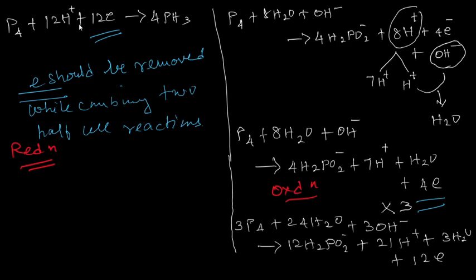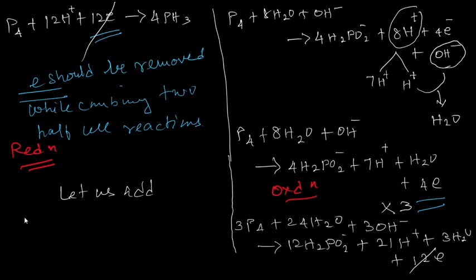So now we got 12 electrons on both sides, and they will be cancelled when we add the two reactions. While adding reduction and oxidation, the 12 electrons will be cancelled.